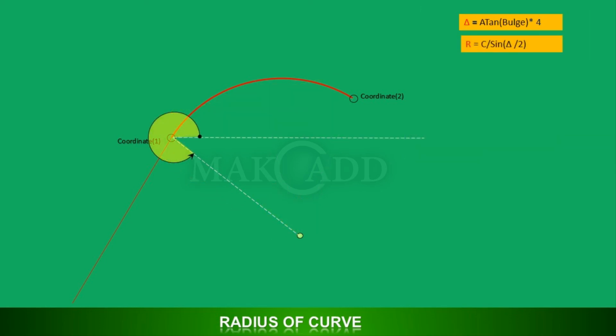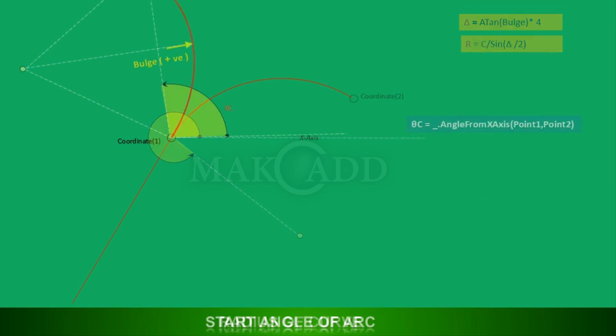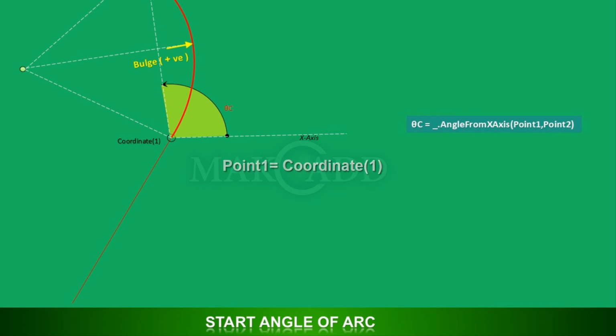Next is to find the angle of the radial line. We need the start angle for the polar point function, that is the angle of this radial line. Let us consider a curve in the anti-clockwise direction. Then the angle of its chord line will be theta C, equal to angle from axis, point 1, point 2. Here we will consider the blue triangle.